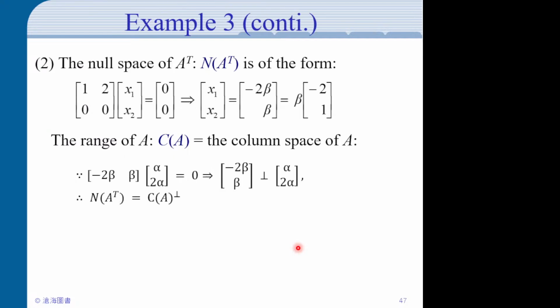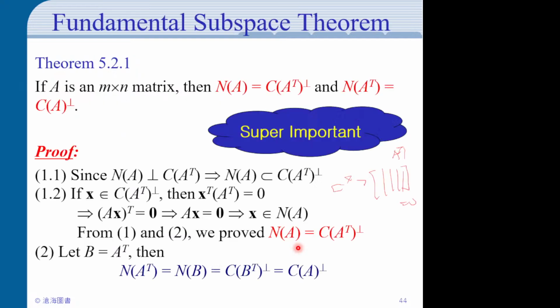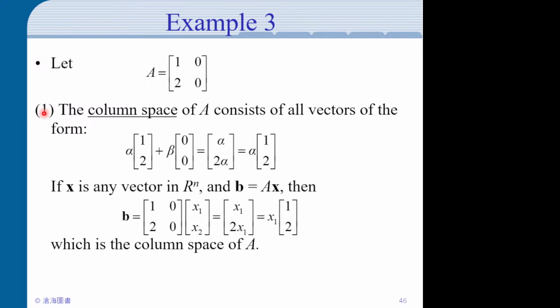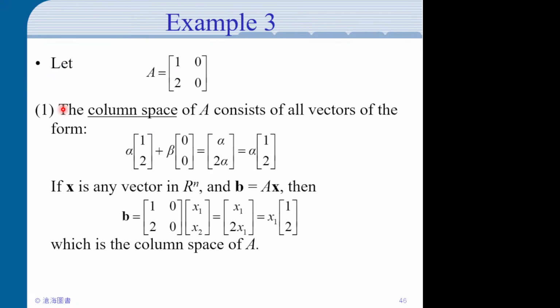Okay, and what about the null space of A^T? We want to check that null space of A^T equals the complement of the column space of A. The column space is just x1 times (1, 2), because there is just one non-trivial column here.